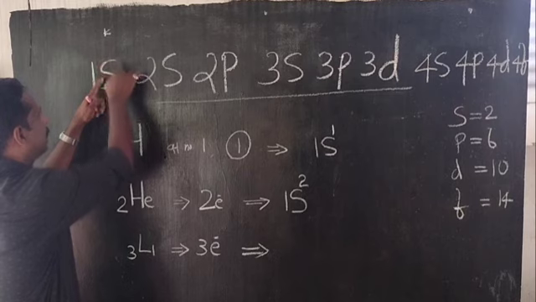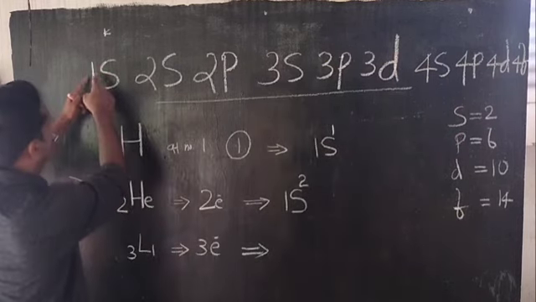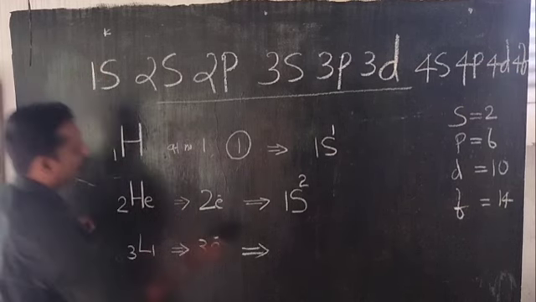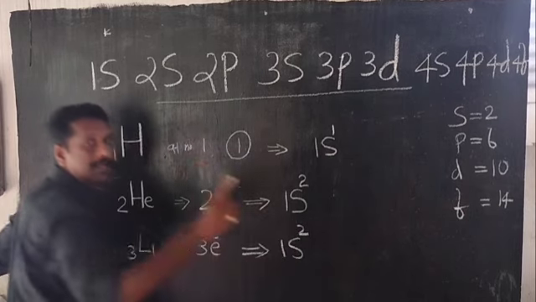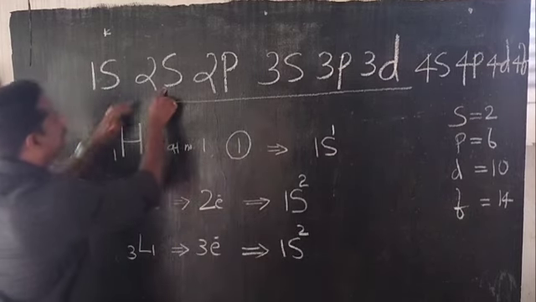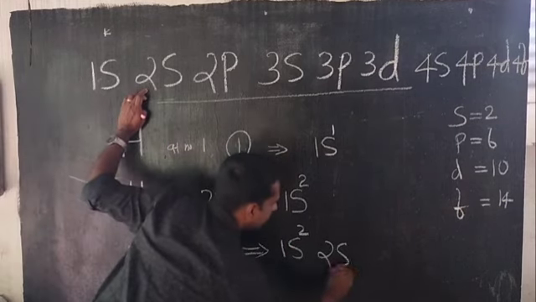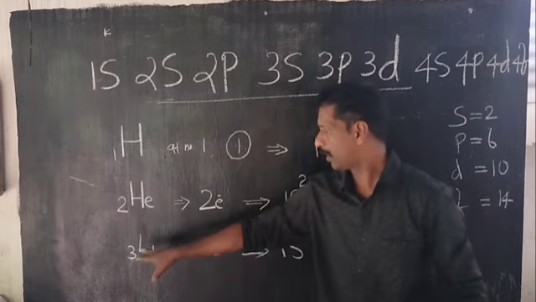Because the s subshell can accommodate a maximum of 2 electrons. Therefore the electronic configuration of lithium is 1s2, and the remaining 1 electron will go to the next subshell, which is 2s1. Clear?